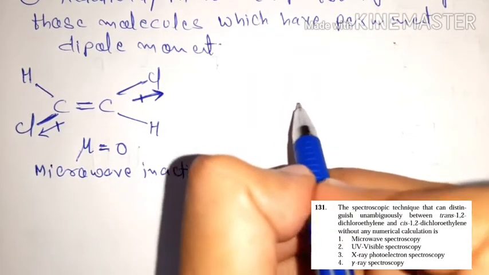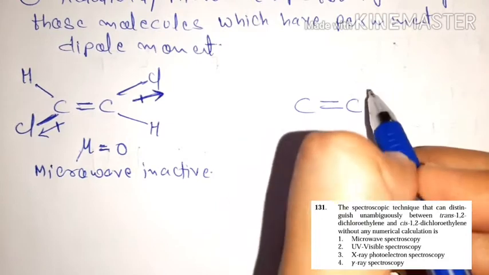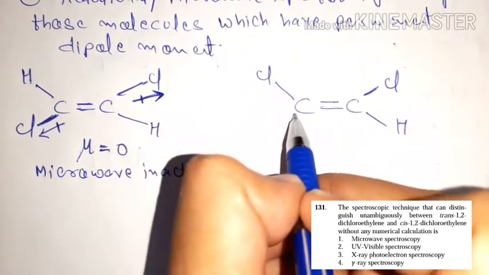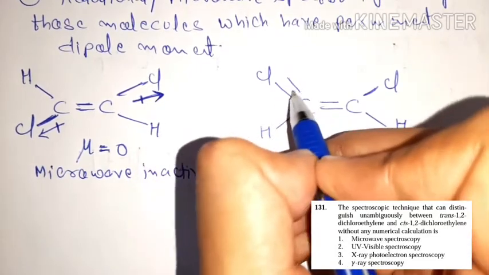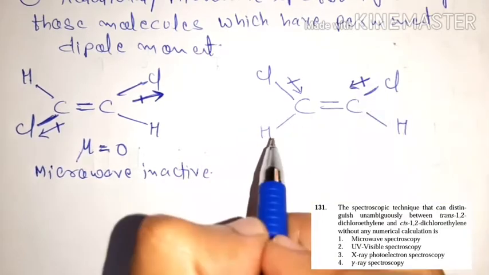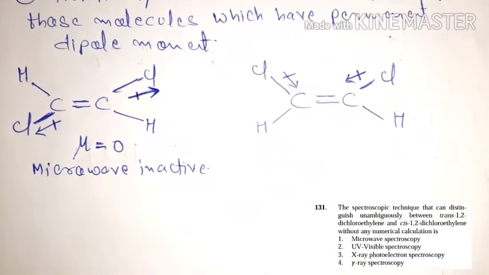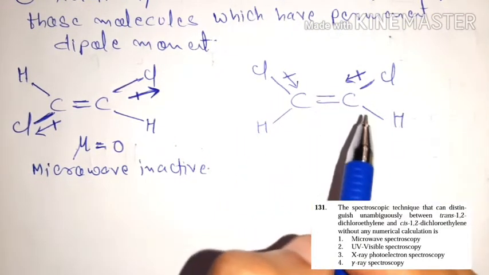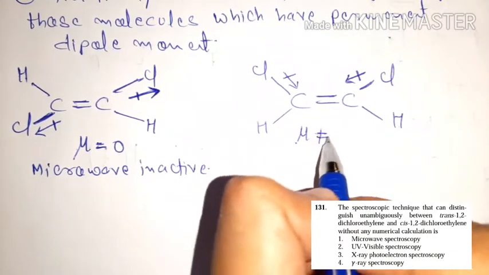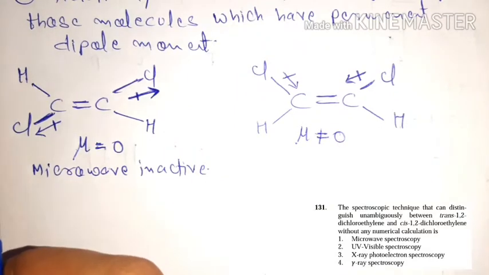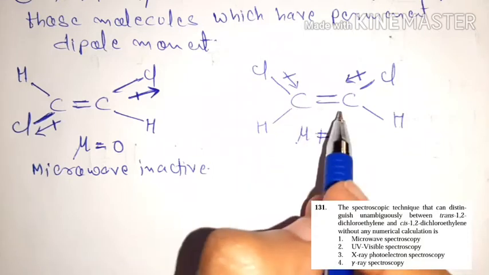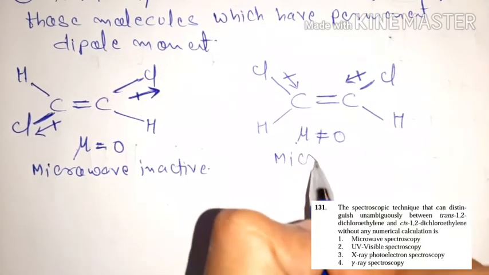And in cis 1,2-dichloroethylene, you can clearly see that the dipole moment cannot be zero because the dipole moments of both C-Cl bonds are in the same direction. That's why its dipole moment will not be zero, and because of that, this molecule will be microwave active.